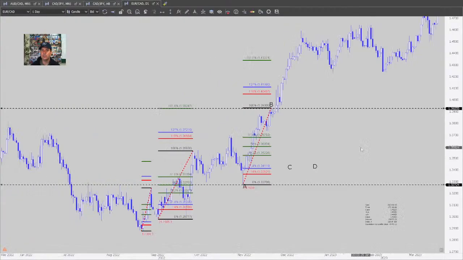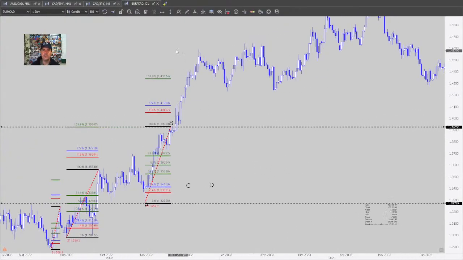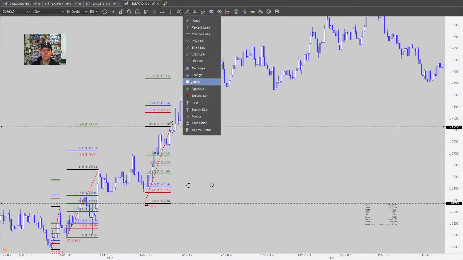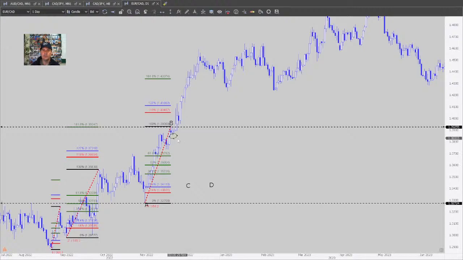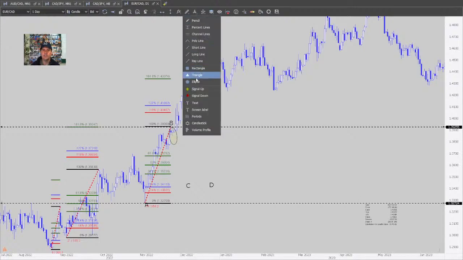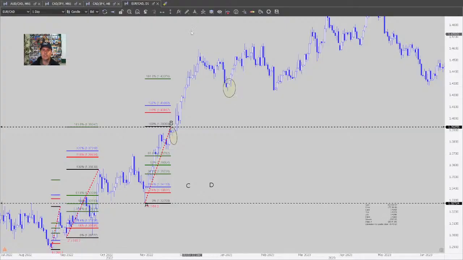And everybody, which one is the C? Is the first circle the C? Is the second circle the C? See how the market does sometimes? Or is the third circle the C? Which one is the C, everybody?